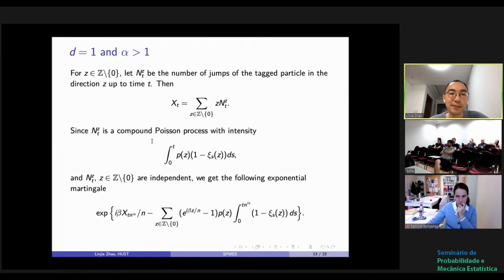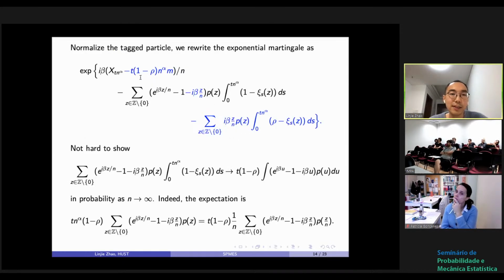Sorry, I forgot to say that in the proof we consider the one-dimensional case with alpha larger than 1, and the other cases are similar. In this normalization, we let the tagged particle minus its expectation. Its expectation is t times n to alpha times m times (1 minus ρ). When we do this, we will have two extra terms, marked blue in the second and the third lines.